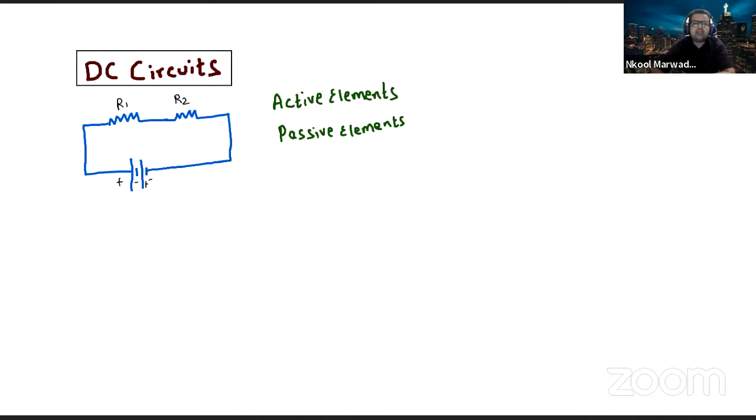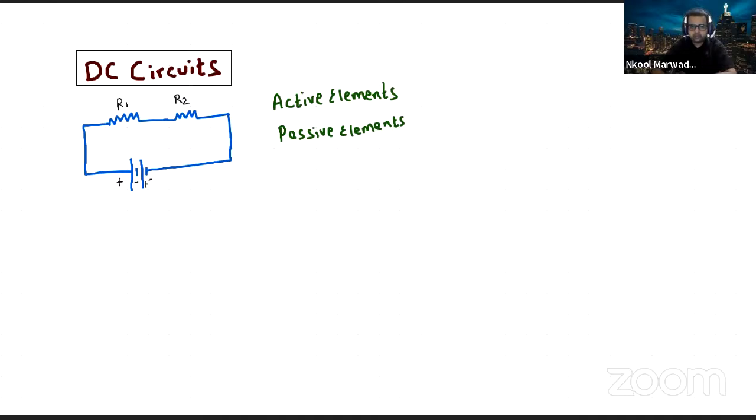Passive elements can convert the energy. When they are consuming the energy, they can convert it into some other form. Like instead of this resistance, we can have any appliance also. We can have a bulb. A bulb will convert the electrical energy into light energy. An electric rod will convert the electric energy into heat energy. So a passive element always consumes the energy and converts it from one form to another form.